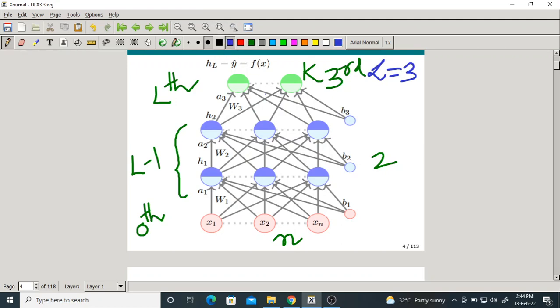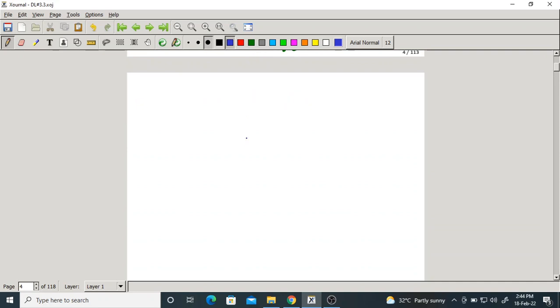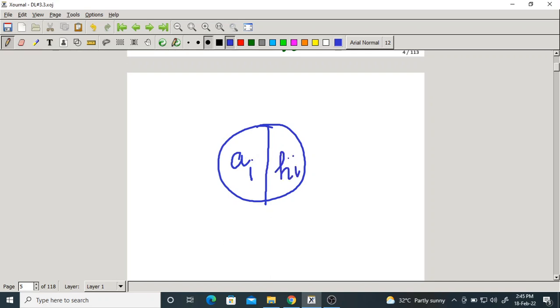Every neuron is split into two parts. The first is the pre-activation ai and the second is the activation hi. What is ai? It is the weighted aggregation. What is hi?